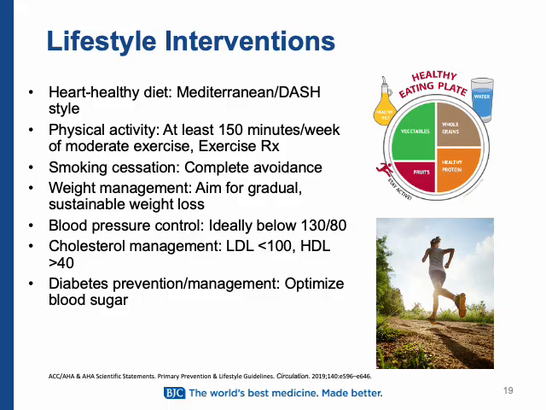This includes, as you well know, vegetables, fruits, whole grains, beans, nuts, and olive oil, lean proteins like fish and poultry, limited red meats, limiting added sugars or fried foods, and then lowering sodium and increasing potassium-rich foods.